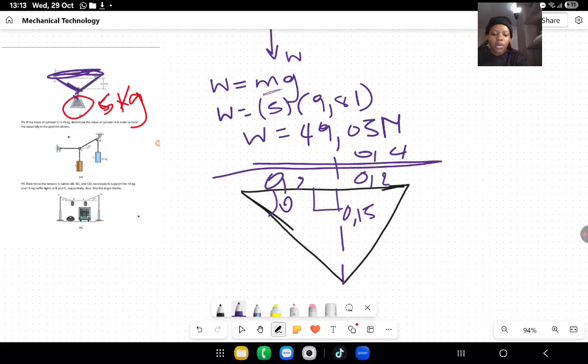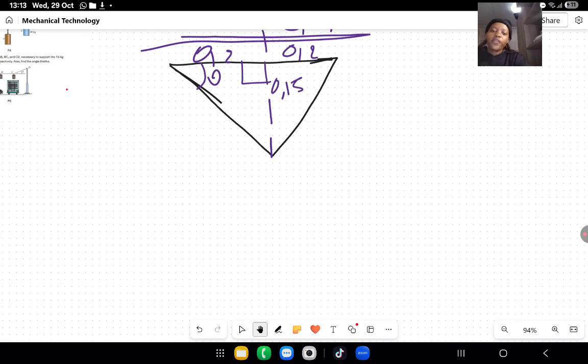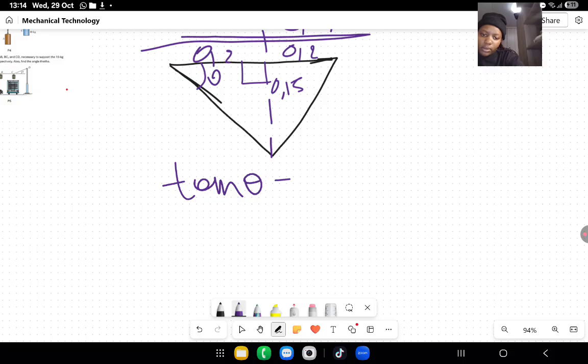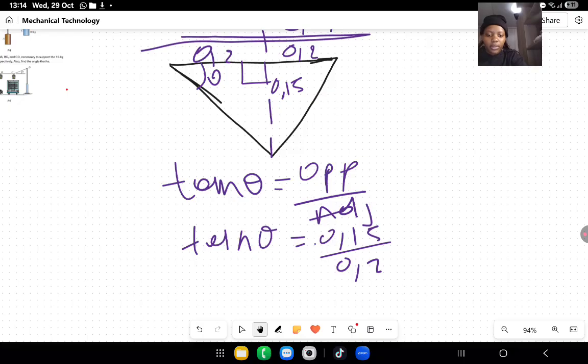You can use cos or tan, but we'll be using tan since we have the opposite and the adjacent. So tan theta equals opposite over adjacent. Our opposite is 0.15 over our adjacent 0.2.